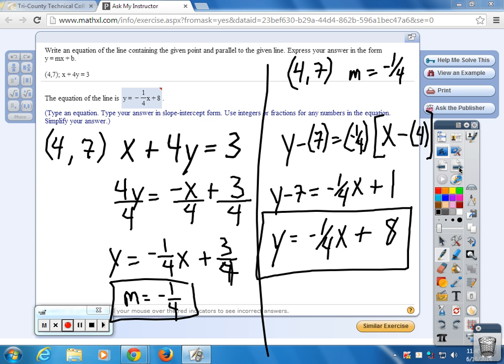You got to find the slope. That's why here we found the slope by getting y equal to something. And then once we got y is equal to something, we could find the slope. And then we put that slope beside the point slope equation, plug and chug.